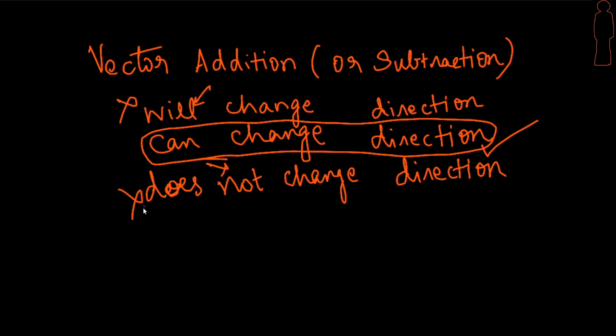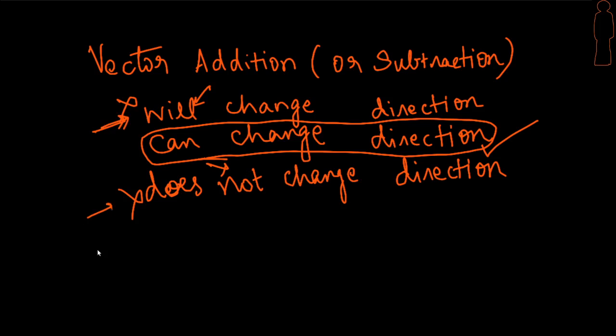So can you try and figure out examples where adding two vectors does not change the direction of the resultant vector? And can you find out an example where it will definitely change the direction of the resulting vector? Obviously, we have seen examples in this regard.